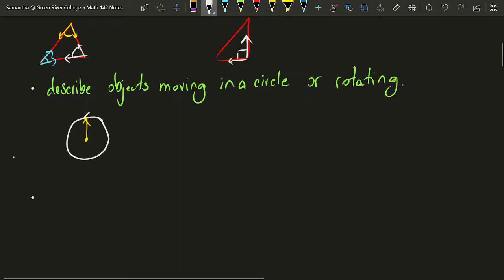The movement of the object can be described in terms of the angle of the observer. For example, how fast this object is moving around the circular track can be described by how fast the observer in the center of the circle has to spin around in order to keep their sights on the object or person moving on the track.